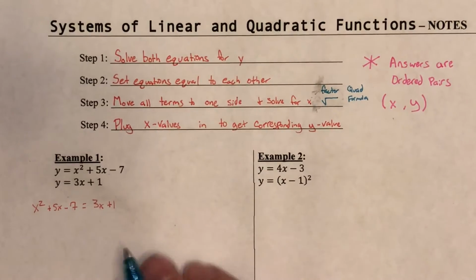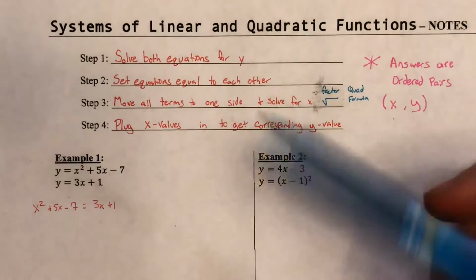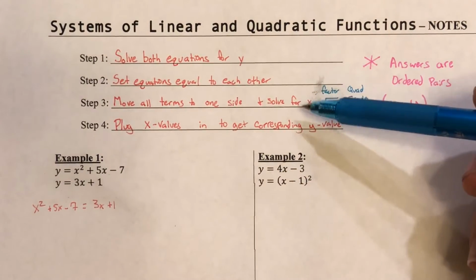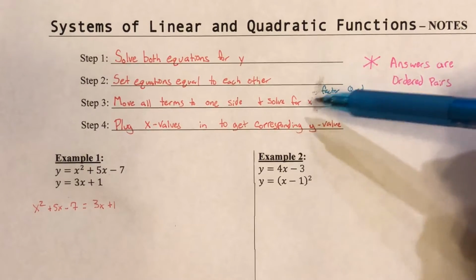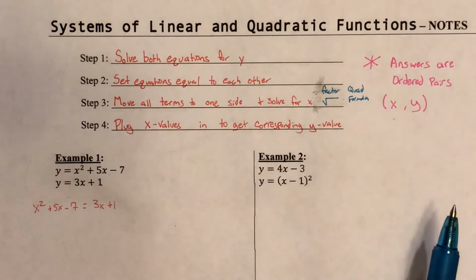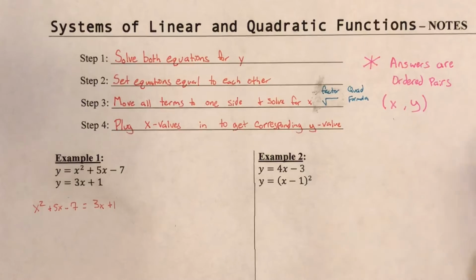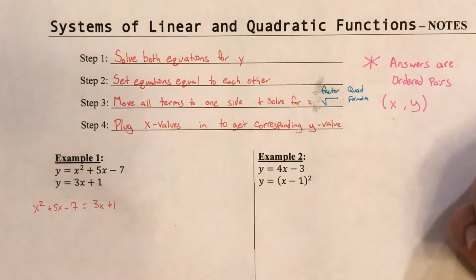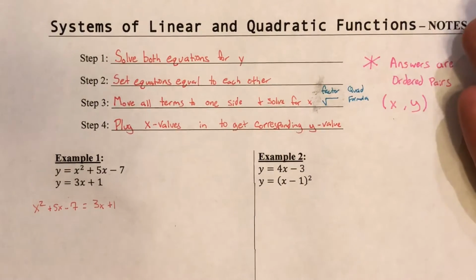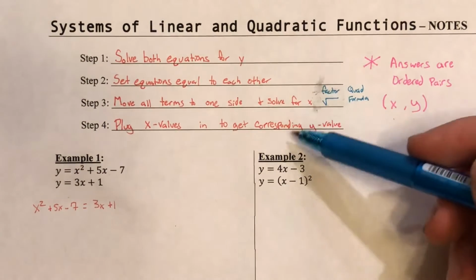Okay, so this is where we'll be spending most of the time on these problems, in step 3, solving for x. Really, all this is another example of solving a quadratic equation with an additional step afterward.